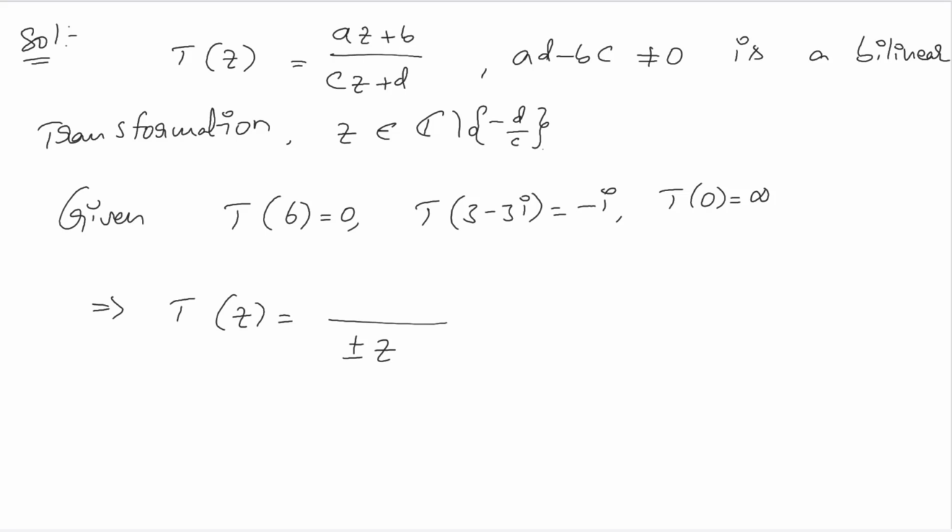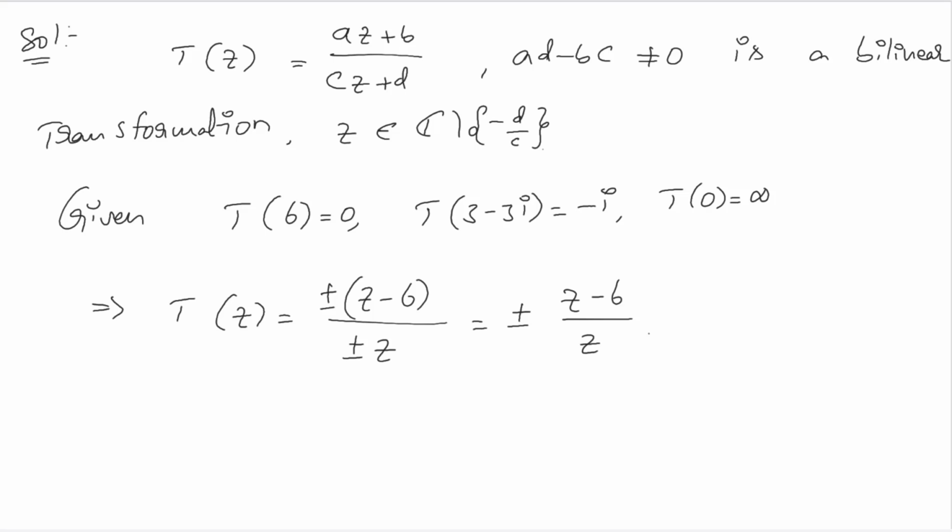Coming to the numerator, since it is given 6 is the zero of this bilinear transformation, we get either z minus 6 or 6 minus z, that means plus or minus z minus 6. In total we get plus or minus z minus 6 divided by z. This is our bilinear transformation. But out of this plus or minus, which one is our bilinear transformation? For that, we have to use the second condition.